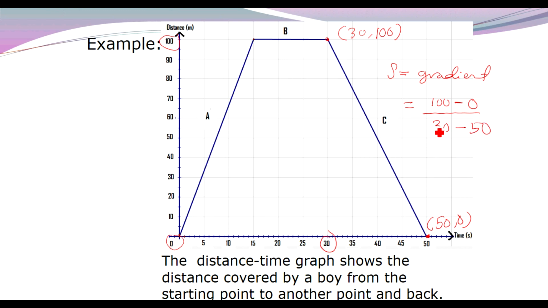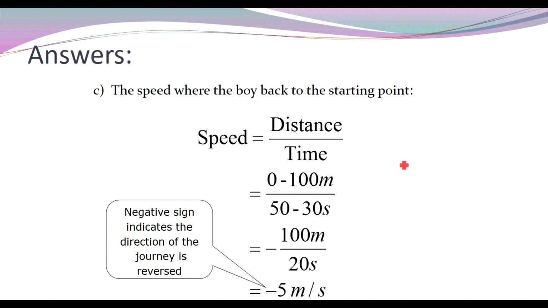Let's check the answer. Oh, it's reversed. It's okay as long as it is y2 minus y1 over x2 minus x1. You can write it as 100 minus 0 over 30 minus 50.